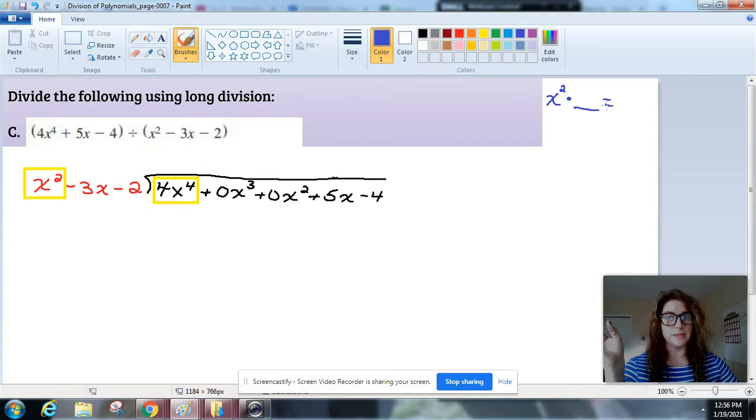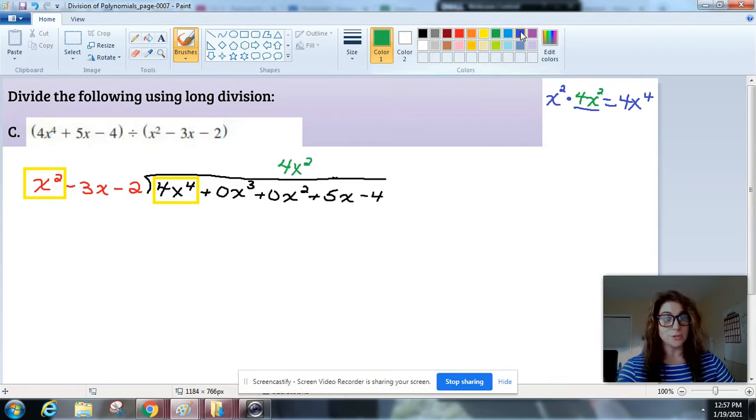What can I multiply that by to turn it into a 4x to the fourth? Well, your answer should be that you need a 4x squared. 4x squared times x squared does get me the 4x to the fourth. So I'm going to place that up in my quotient area on top.